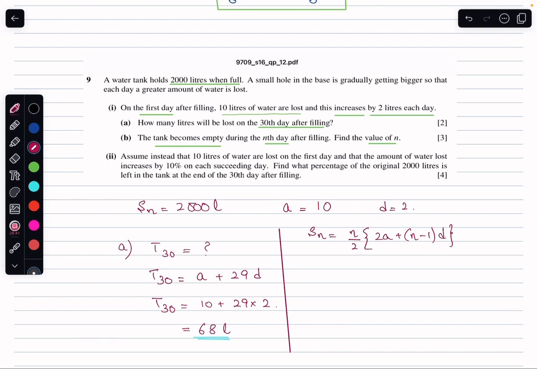I know the total amount of water put in the tank, which is 2000, and this equals n by 2 times (2 times a, which is 10, plus (n minus 1) times d, which is 2 in this case).